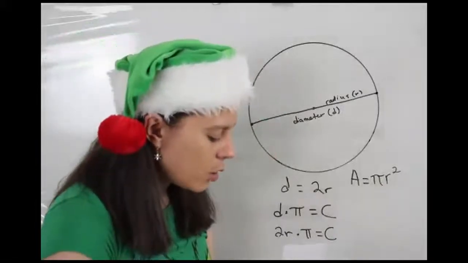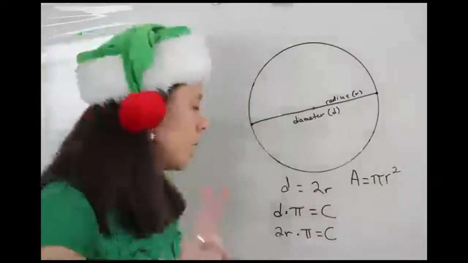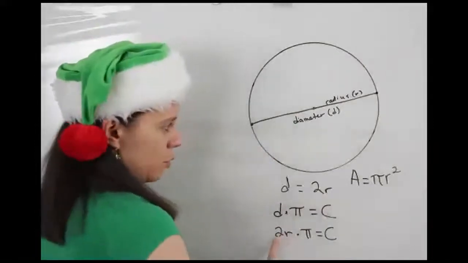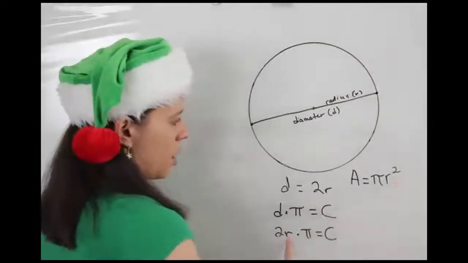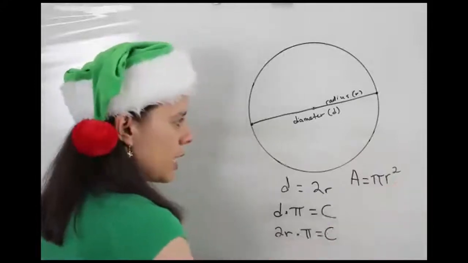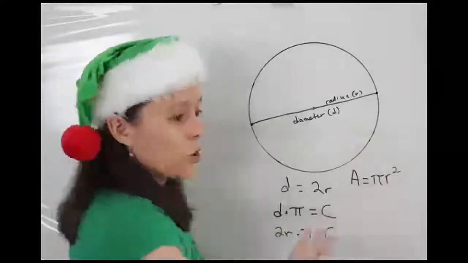A really good way to remember is two things that I use. First, it uses the same things: we have a 2, we have an r, and we have a pi. But how do you know which one is which?